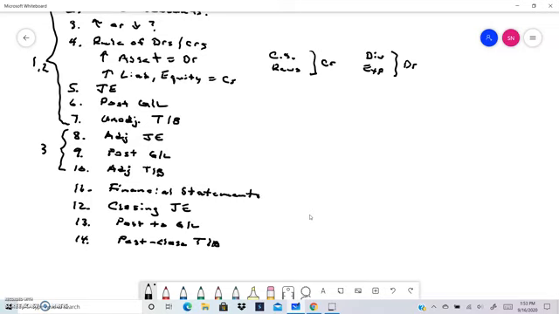Certainly the closing process is pretty much a mechanical process, so we're not going to spend a lot of time on it. That really is a mechanical automated process, as is preparing these trial balances. Those are really automated processes that people are not doing by hand.